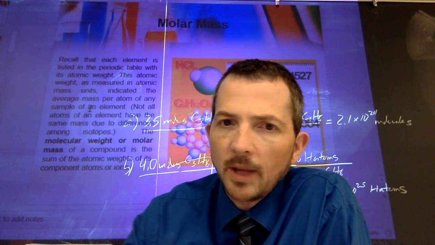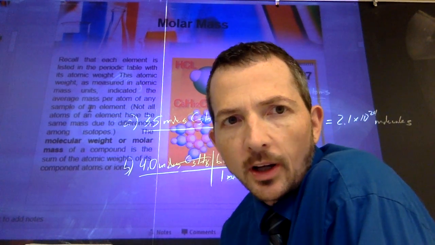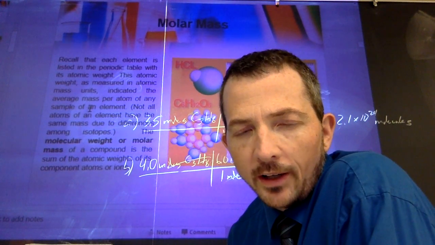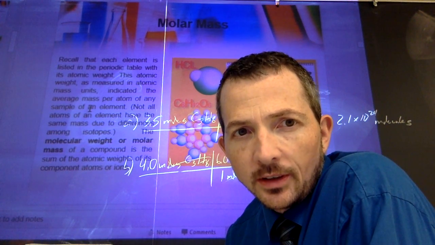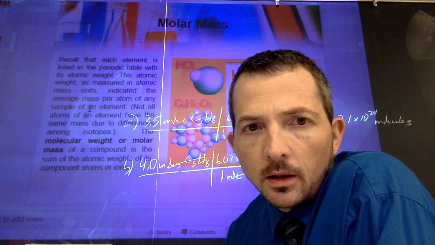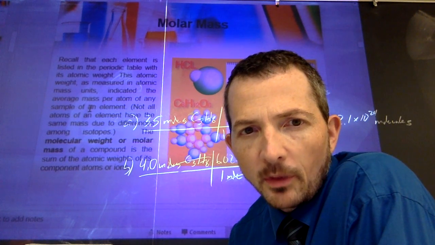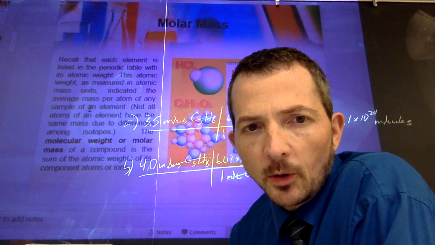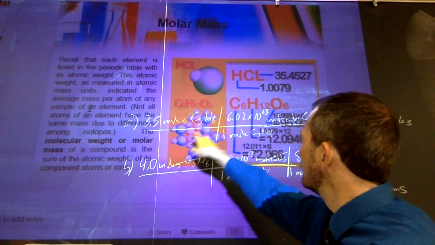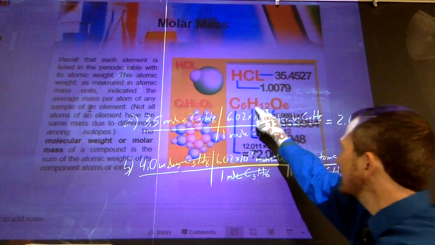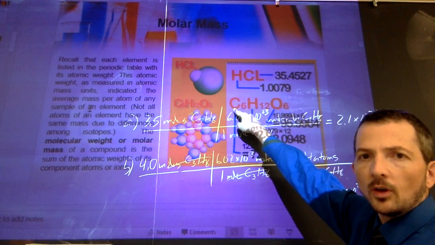Now if we look at molar mass, recall that each element in the periodic table has an atomic weight underneath it. This atomic weight is in atomic mass units. The molecular weight or molar mass of a compound is the sum of the atomic weights of its component atoms or ions. So like if you looked at C6H12O6, you look up carbon in the periodic table and it's 12.01.